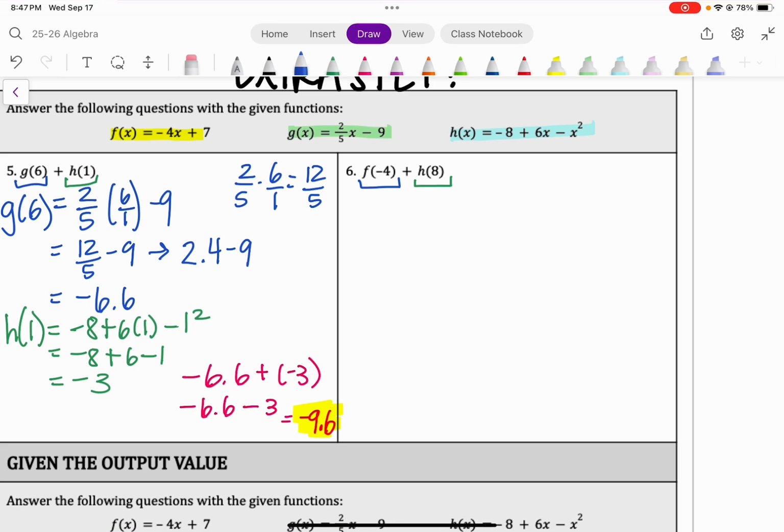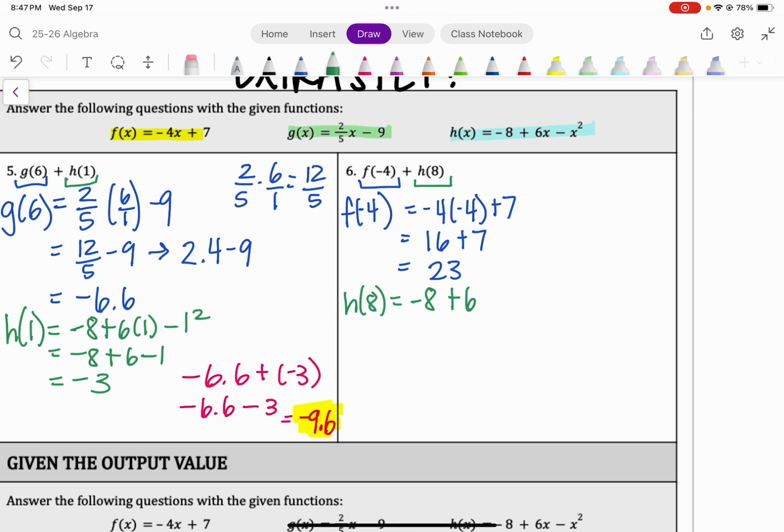So f of negative 4 would be negative 4 times negative 4, then add 7. 16 plus 7, f of negative 4 is 23. And then we've got h of 8, so negative 8 plus 6 times 8 minus 8 squared.